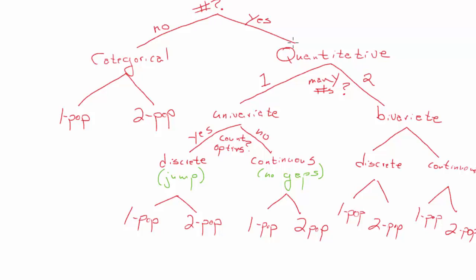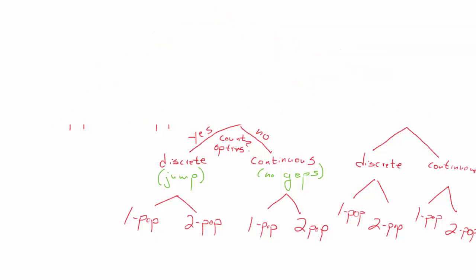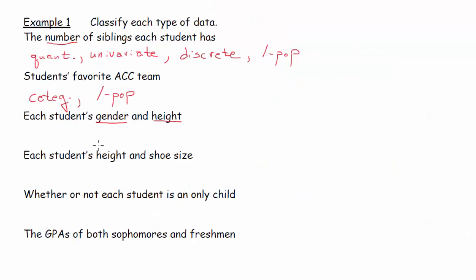Here we're going to treat gender as a group. So let's think of it like this. I collect the height for my men and the height for my women. That would be quantitative, but I have two groups.